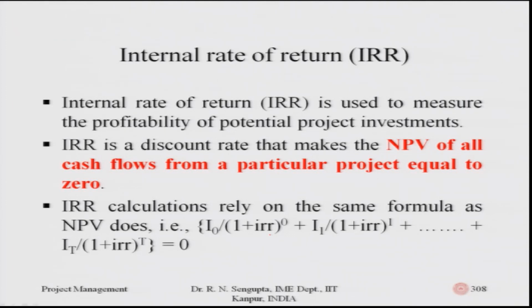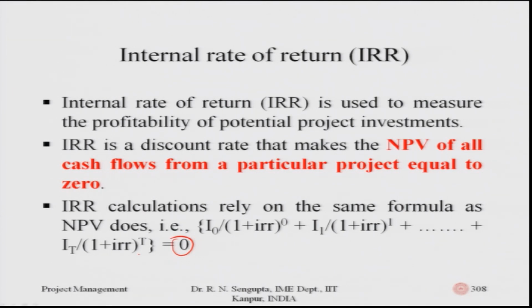So, obviously, if you see in the 307th slide on the left hand side, on both the equations, it was net present value suffix t equal to 0, that is as of today. So, that value becomes 0 as pointed out here, and IRR is the interest rate.